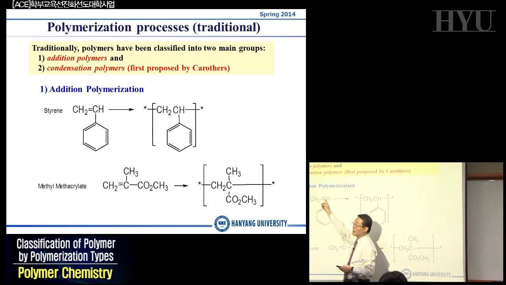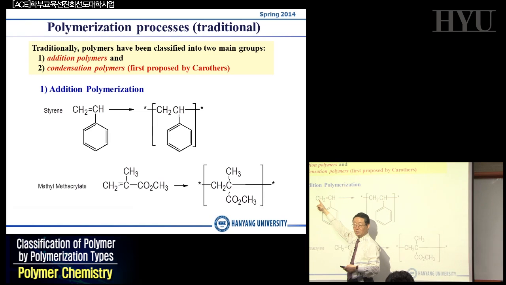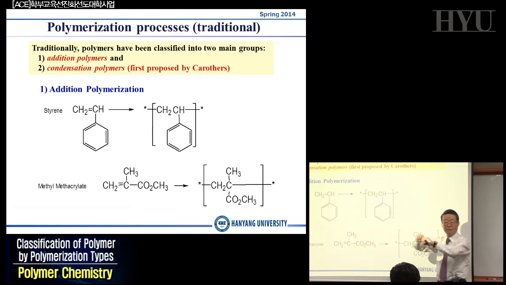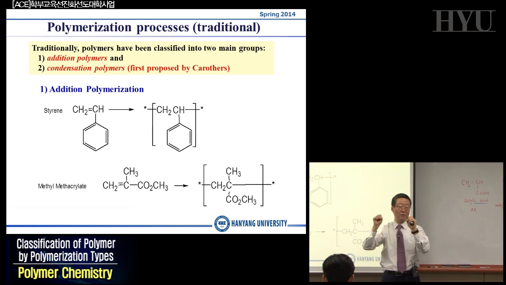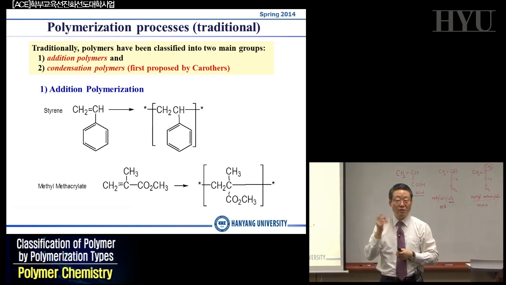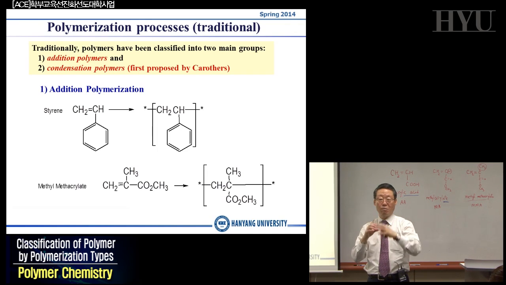We call these the alpha carbon and beta carbon, or carbon number 1 and carbon number 2. The double bond is cleaved into two active species, both in alpha and beta positions. So we call this bifunctional. So one double bond is regarded as bifunctional. If you have two double bonds in your monomer, we call that tetrafunctional.